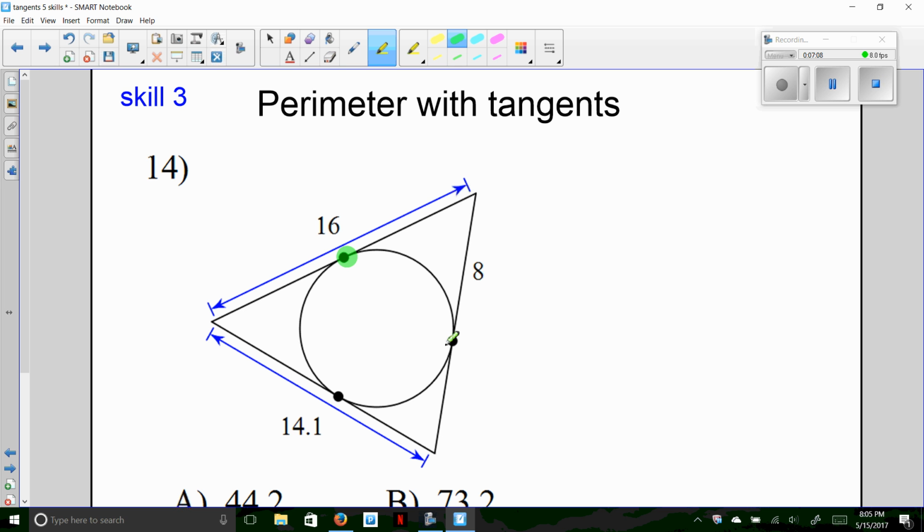I get 14 plus 1 minus 8, and I get a 6.1 here. So I would have to create another little isosceles triangle here, and then I could replicate this over here, and now each section is accounted for, and you just add them all up. Perimeter is add up all the outside edges.